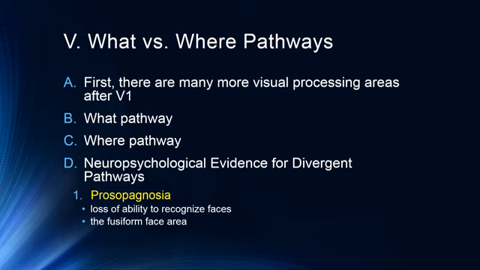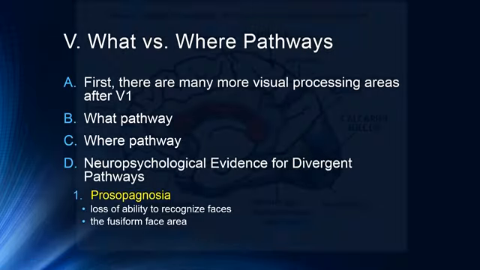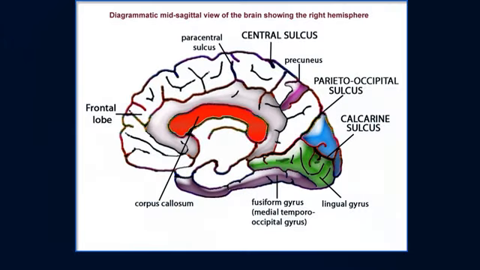They'll often have had a stroke or some other sort of damage to this part of the brain, and they lose their ability to recognize faces. There's a related disorder known as agnosia, where they lose their ability to recognize objects. So those are the kinds of things that can damage the what pathway. You can see the fusiform face area is down here in the mediotemporal occipital gyrus, so down here in the what pathway.